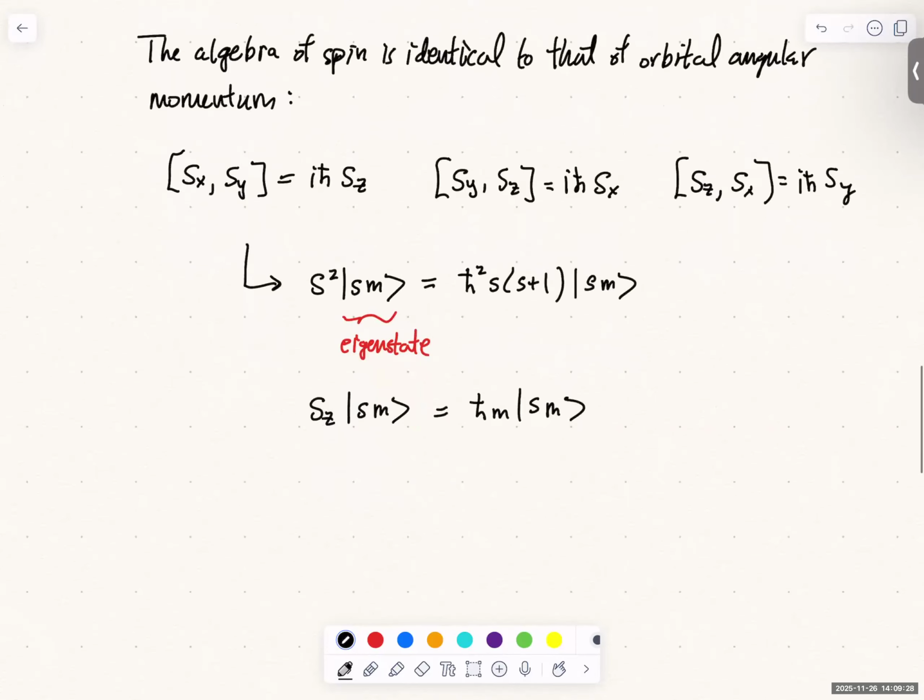Just like we had raising and lowering operators for orbital angular momentum, we have them for spin angular momentum.